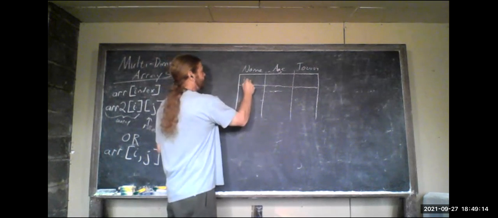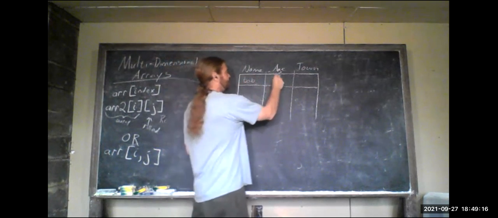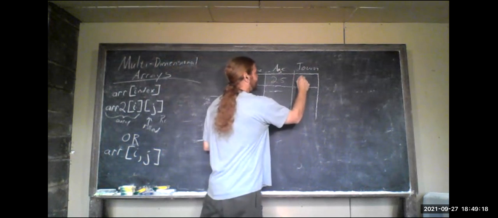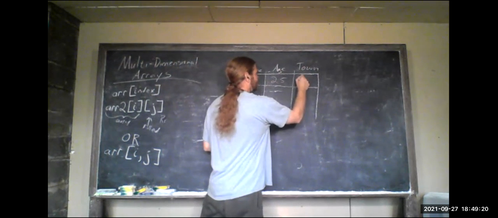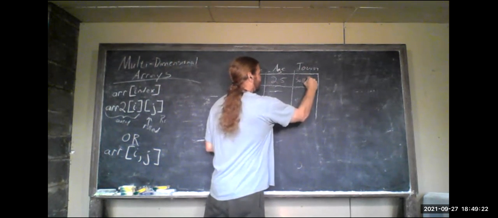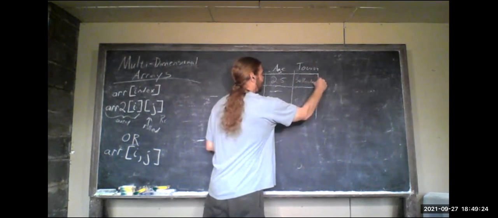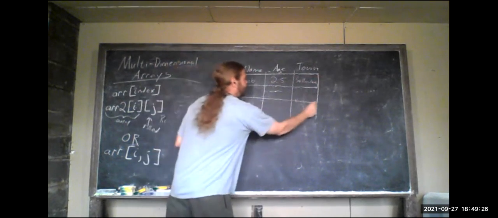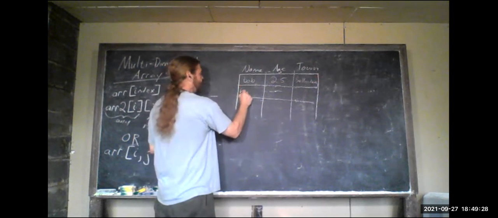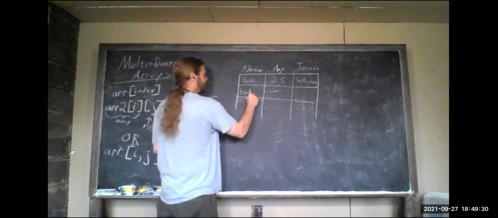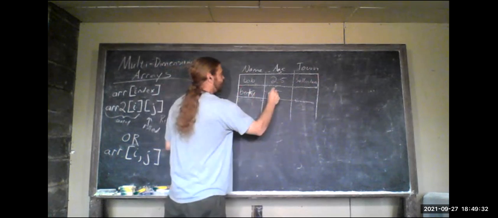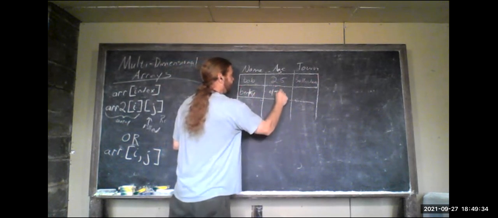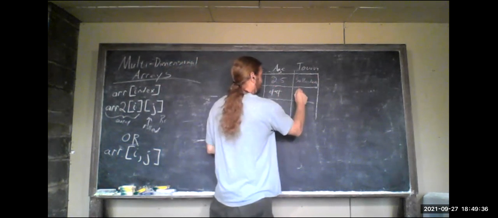So this first one might be Bob, is 25 and lives in Sellersburg. And the second one might be Becky, is 44 and lives in Jeffersonville.